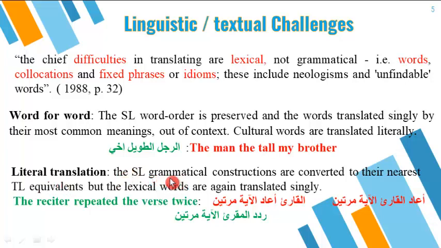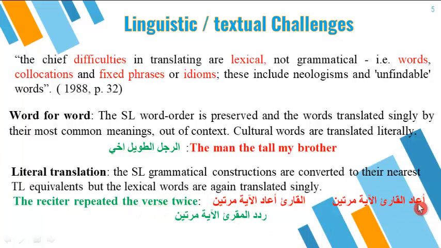However, the lexical words are translated singly and out of context. Let's see an example. The reciter repeated the verse twice. We are going to translate it word for word first. The reciter, al-qari'u, repeated أعاد the verse, al-ayah, twice, مرتين. Now, literal translation. The reciter repeated the verse twice, أعاد القارئ.